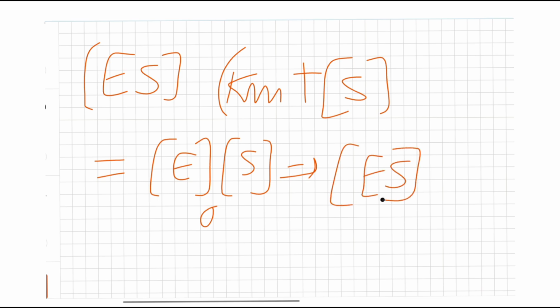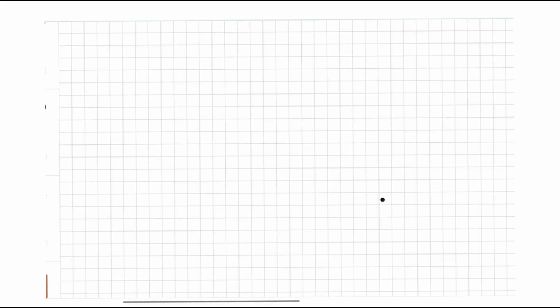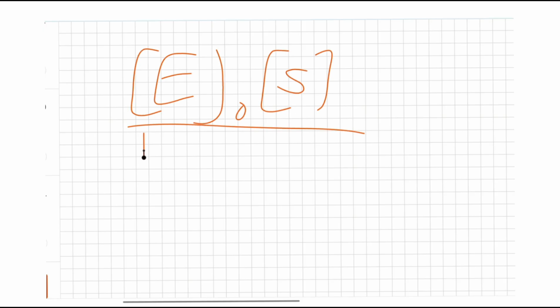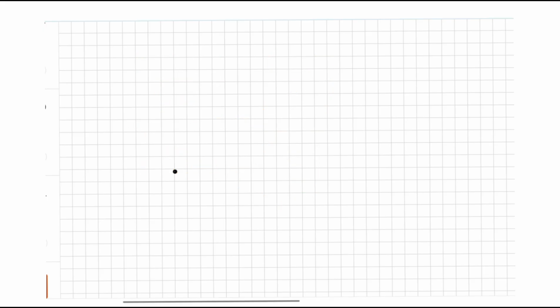Now we have to solve it again. ES equals E0 times S upon Km plus S. So let's define the reaction velocity.